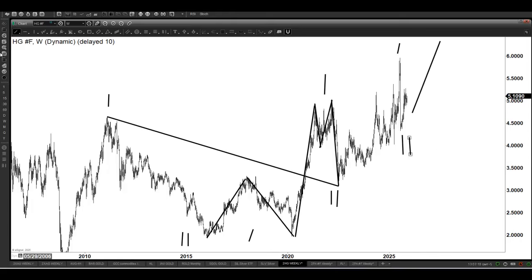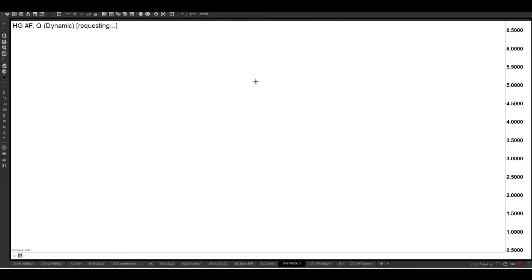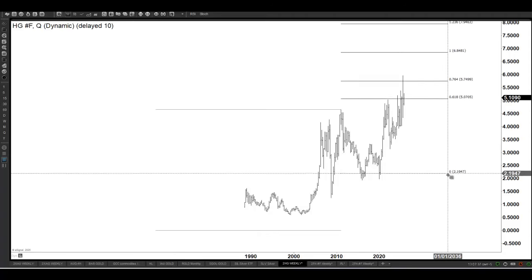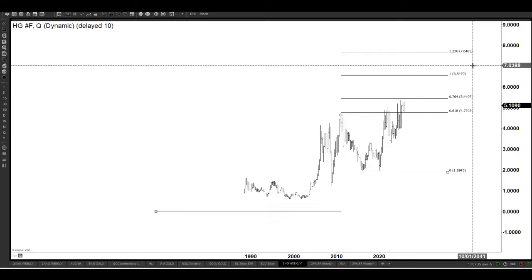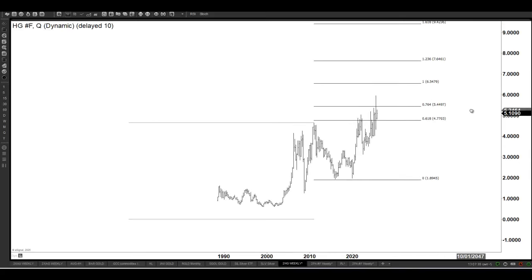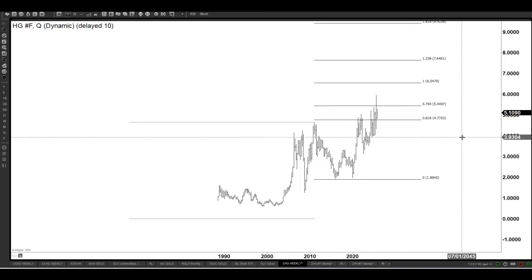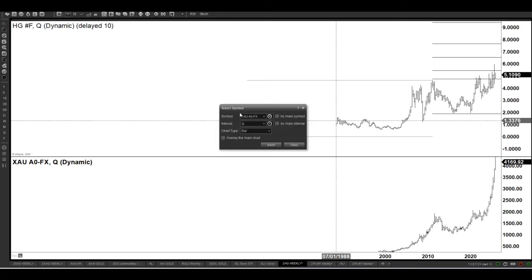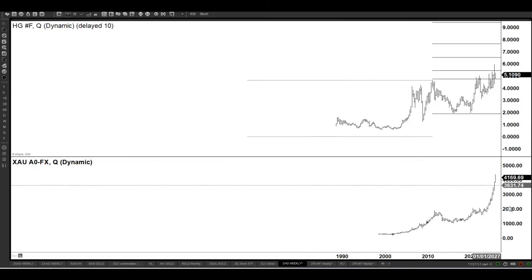So copper, when you look and understand, copper has a target that is going to put it very high, around 9.40, about 10.15. And if you put copper and you put the popular gold on top of copper right here, you're going to see that copper and gold relate.